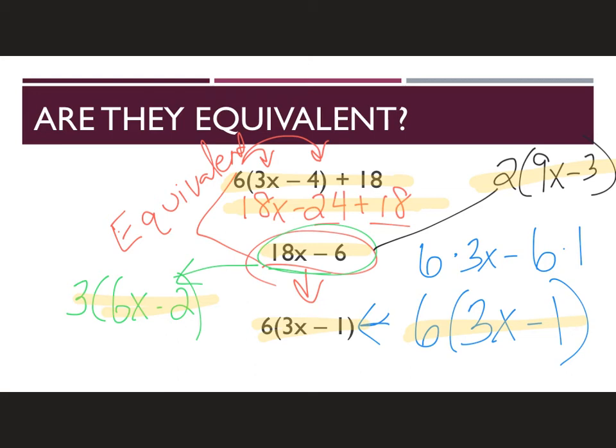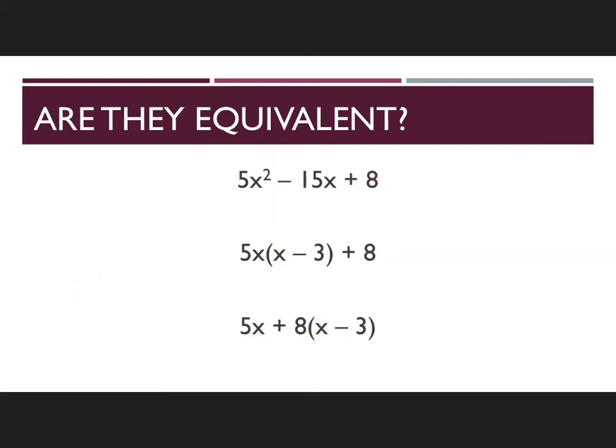So let's look at another set of examples. Are these 3 equivalent? Well, once again, in this case, it's harder to tell. We can put in some values and see what happens. But let's look at, could we get from this to this?